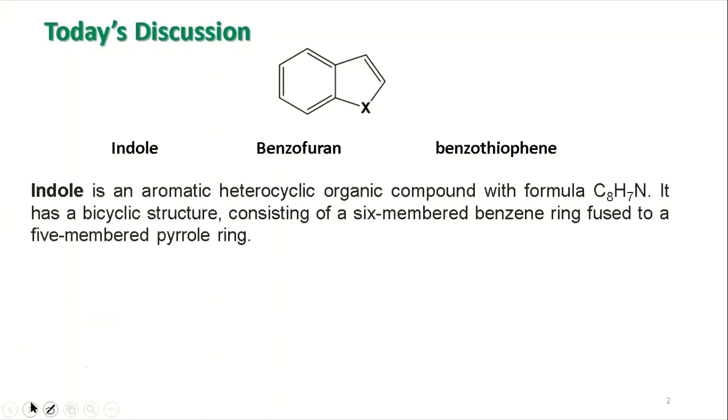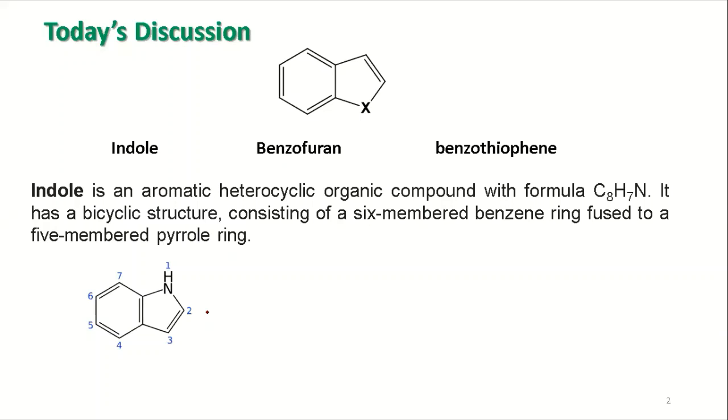Okay, so if we look into the indole, it is again an aromatic heterocyclic compound where you have the 6-membered benzene ring fused with the 5-membered pyrrole ring. So you have the general structure, I think all of you know. This is the benzene and this is the pyrrole, they are being fused.